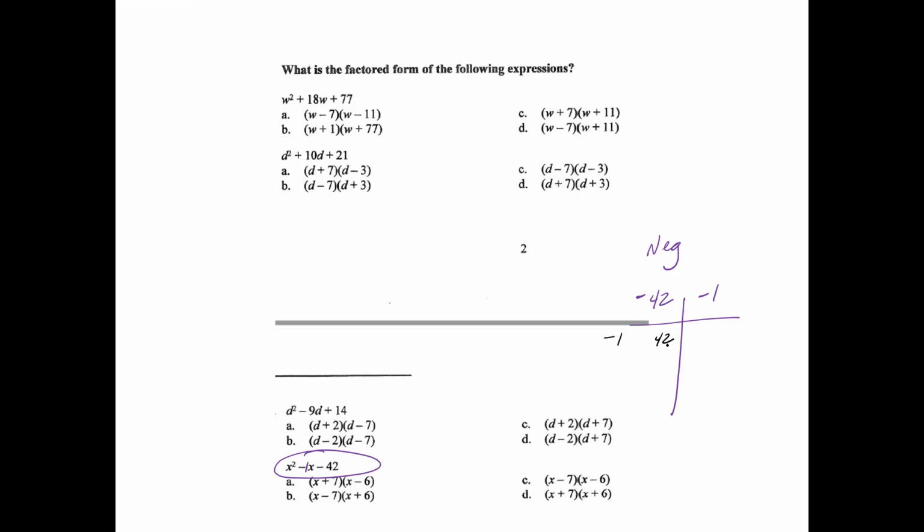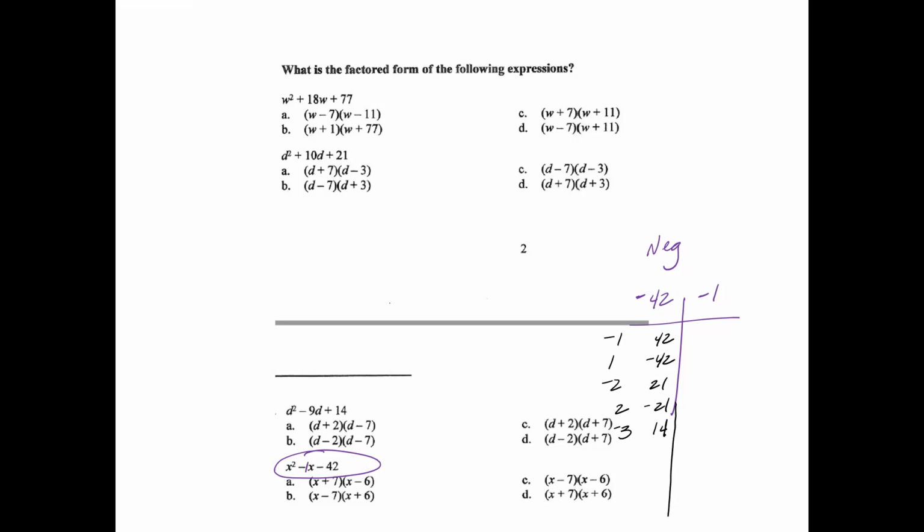So recognize that you're going to be using negative numbers to make 42. So negative 1, positive 42, positive 1, negative 42, negative 2 and 21, 2 and negative 21. Let's see, we can do probably negative 3 and positive, oops, hold on a second.